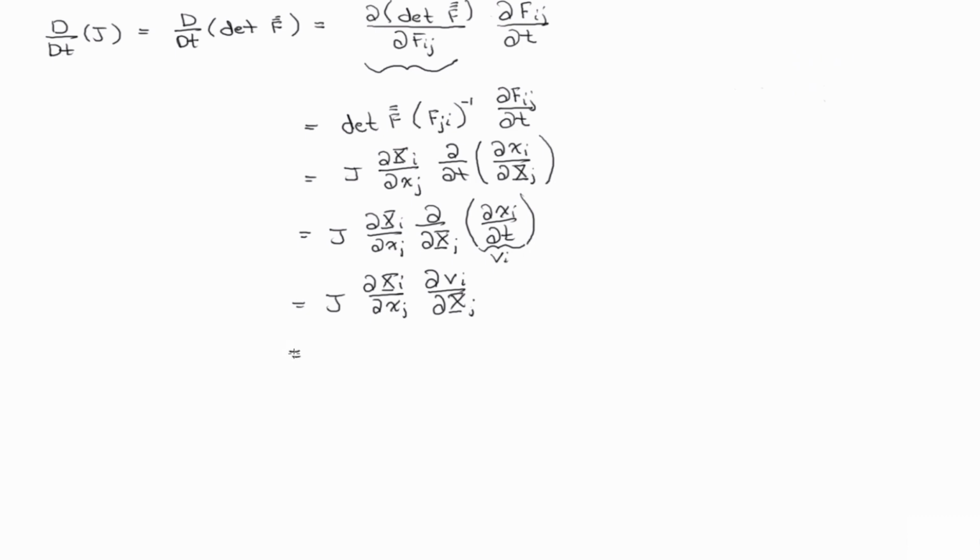And then we can rearrange this term to be partial vi partial xj, partial xi partial xj. Now, this is the partial derivative of the ith component with respect to itself and the jth component.